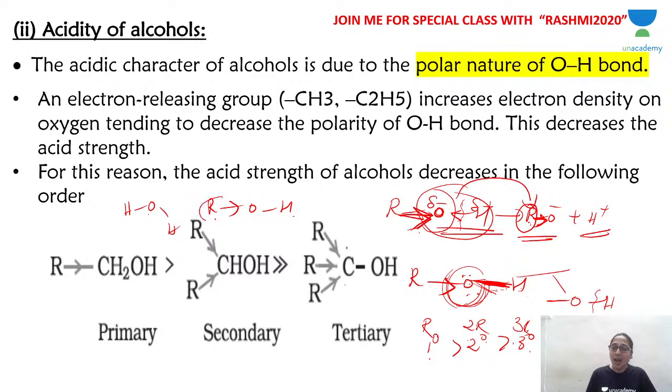Alcohol has H and R; water has two H. The first H is the same, but for the second, water has H and alcohol has R. R is electron donating, whereas H is not. That is why water is more acidic than alcohol. Water will form OH minus ion and H plus.